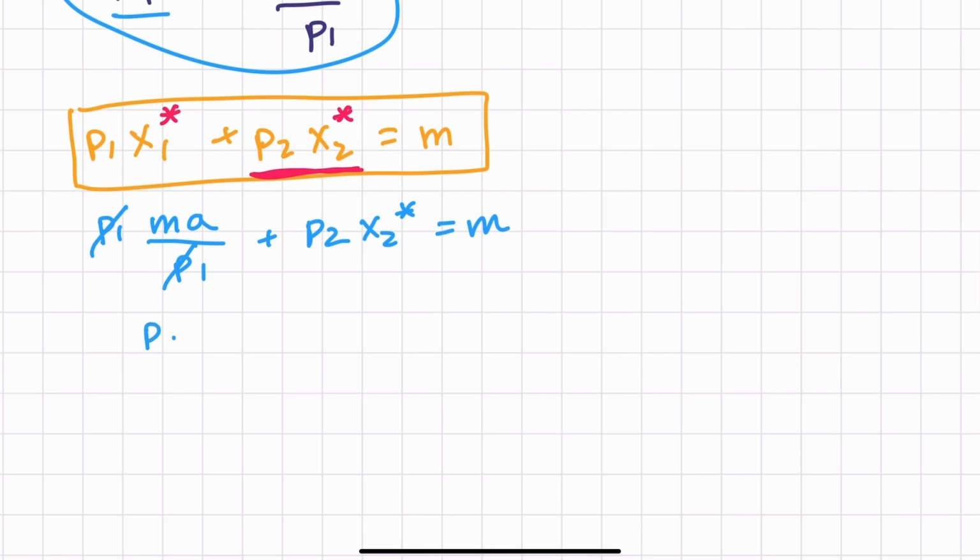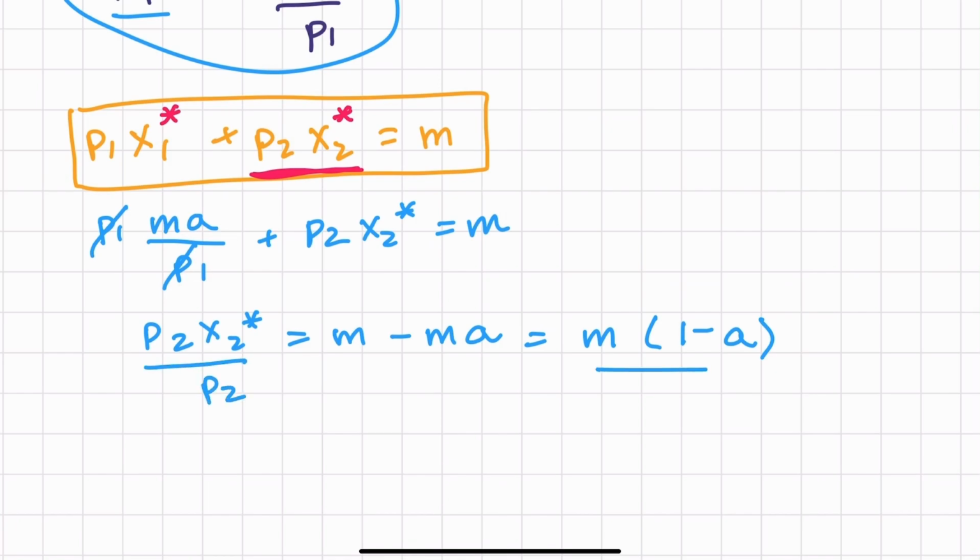So we get P2 X2 star is M minus MA. I'm going to collect M over here to get M times 1 minus A. And I'll divide both sides by P2. So I get X2 star is M times 1 minus A over P2.